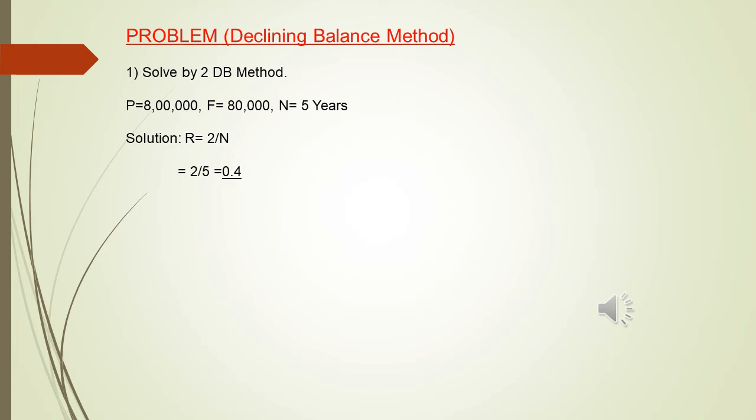Now my R value is 0.4. Now that you have R, you have to calculate DM, total depreciation, and BVM again. It is a similar tabulation with a few changes. We'll go through the tabulation in the next slide.